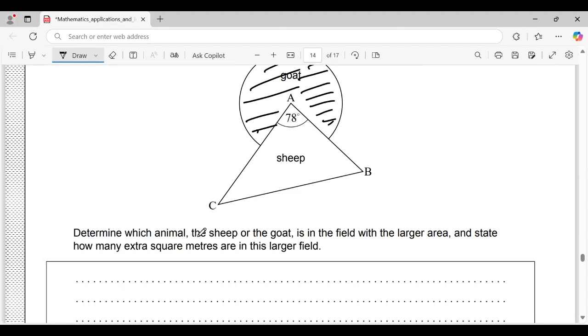Determine which animal, the sheep or the goat, is in the field with larger area and state how many extra square meters are in the larger field.